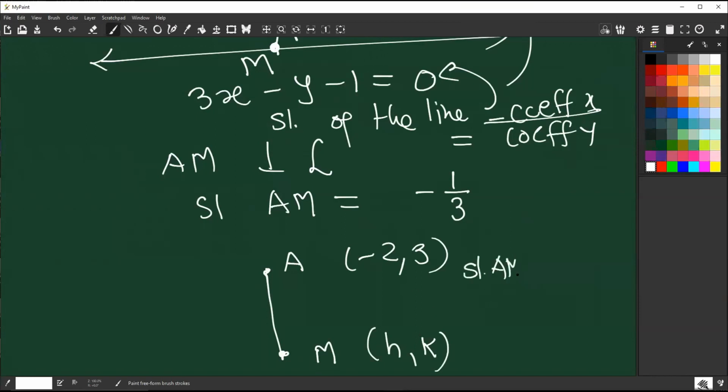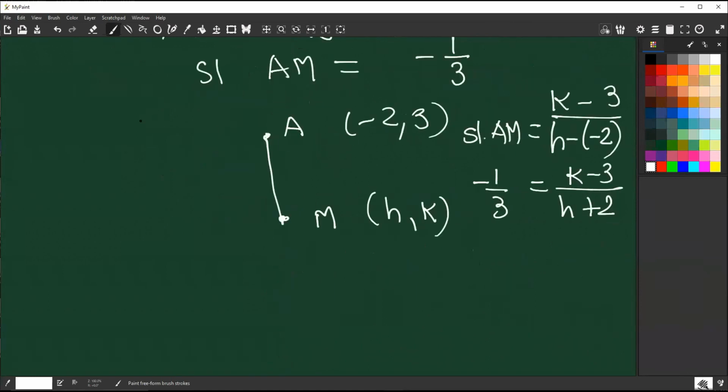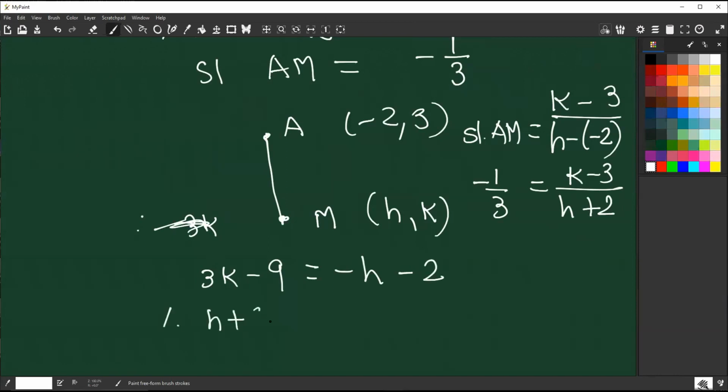Bolo, slope AM, it is y2 minus y1 upon x2 minus x1। So slope of AM है मेरा -1/3 is k minus 3 upon h plus 2, correct? क्रॉस मल्टीप्लाई करो। So you will have 3k minus 9 is minus h minus 2. So that gives you h plus 3k is equal to 7. This is my equation number 1.